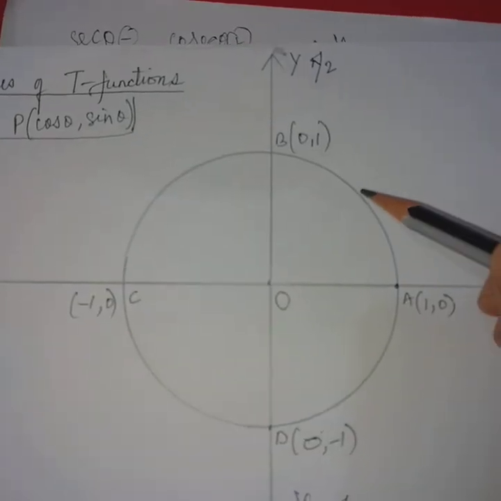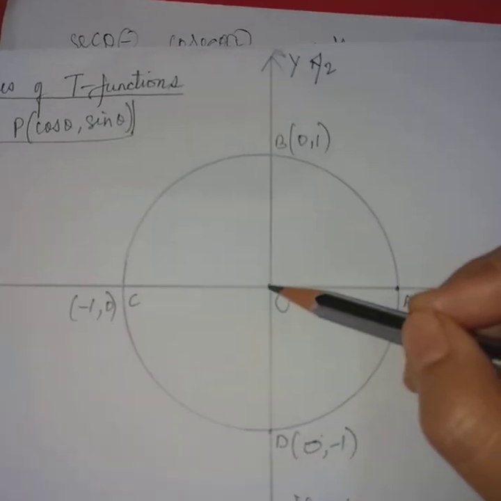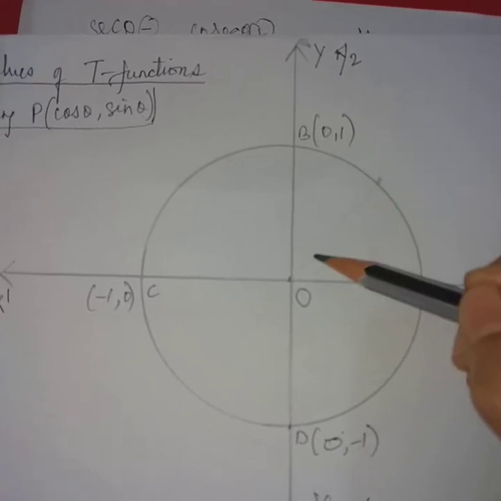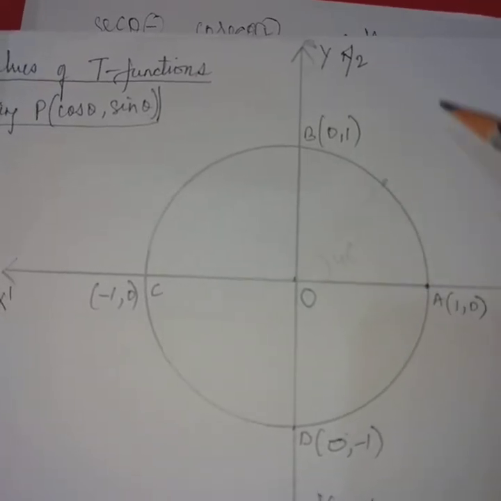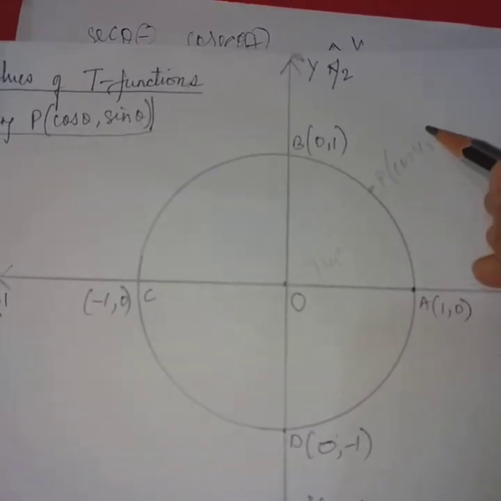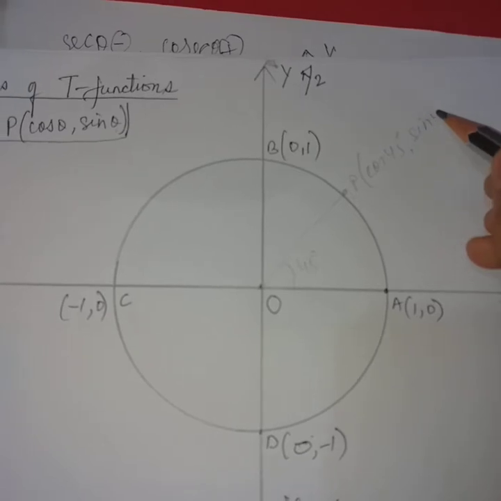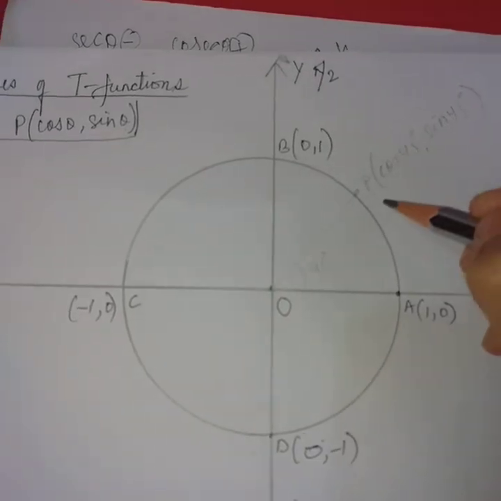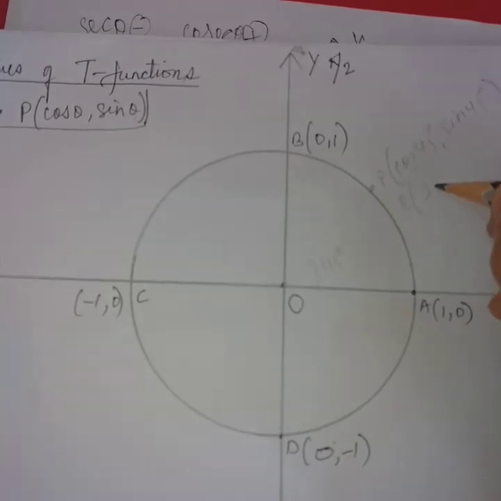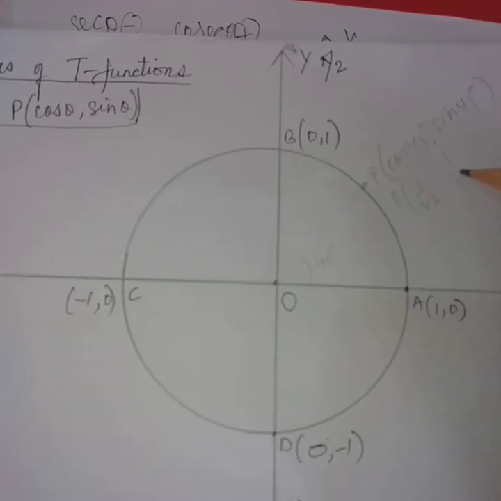That means if we take any angle here, suppose the angle is 45 degrees, then the coordinate of P is cos 45, sin 45. We have already memorized the value of cos 45. It is 1 by root 2, 1 by root 2.